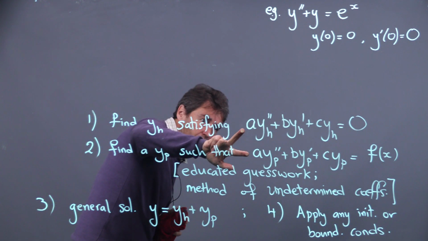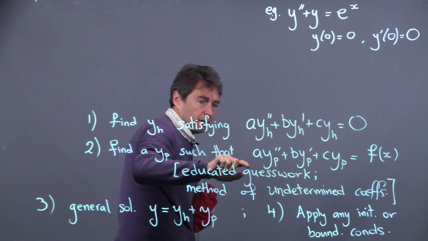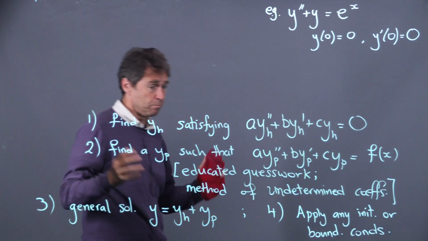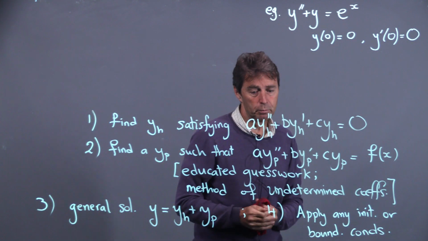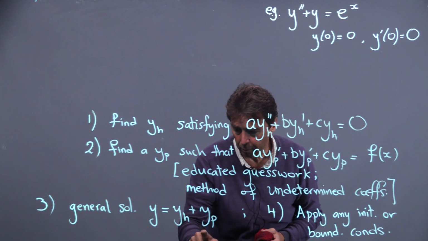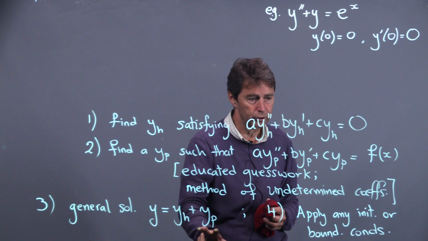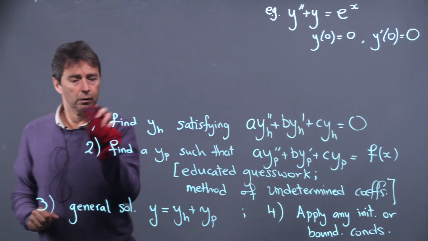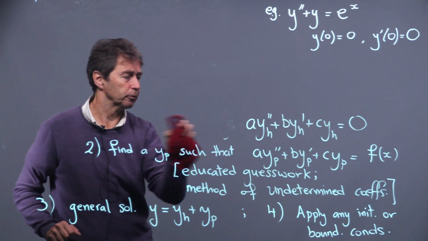So if I take these two equations and I add them together, I suddenly realize that the combo of yp plus yh satisfies the same differential equation again. Right? So that property of superposition still holds with yh plus yp, the homogeneous solution plus this thing, which people usually call the particular solution. So that's why it works. Let's see it in action.